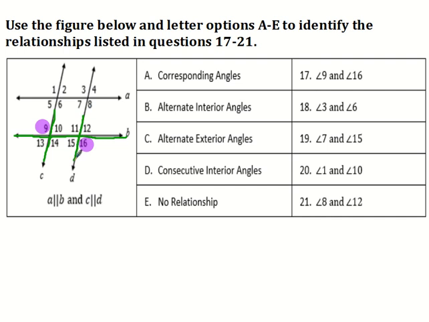So how do those two relate? I can kind of ignore this line up here because it's not involved. But these two are definitely on the outside and they are on opposite sides of the transversal. So in this case, it's going to be C, our alternate exterior angles.